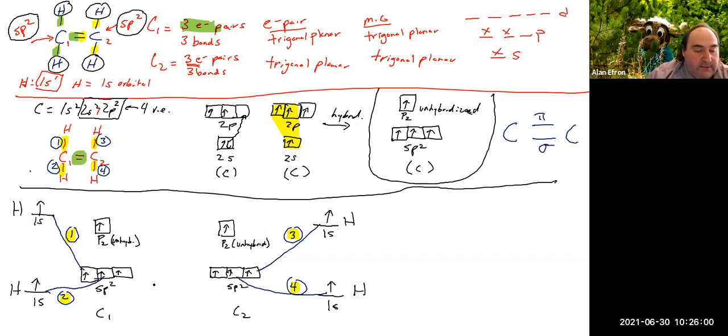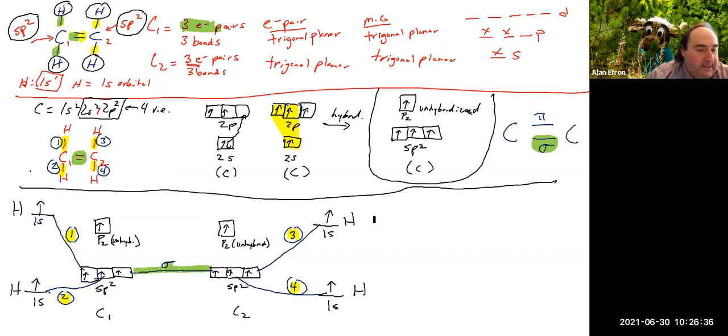Well, we have an electron in the sp2 orbital of carbon number 1 and an electron in the sp2 orbital of carbon number 2, which come together head to head and make that sigma bond. You could think of it as the first bond that you would draw for the double bond. It would be like this.